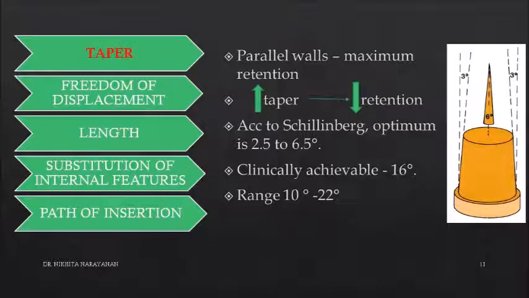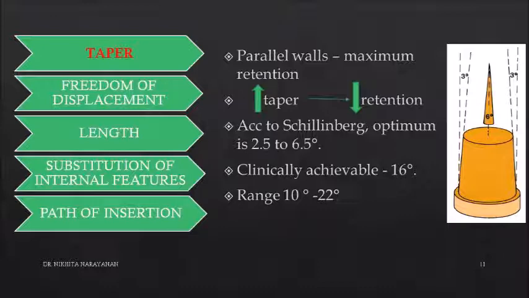For a preparation with parallel walls, that is if the axial walls are parallel to each other and to the long axis of the tooth, then the preparation taper will be 0 degree. That is when you get maximum retention for the preparation. As taper increases, the retention decreases. So we need to keep the taper as minimum as possible for all the preparation to get a decent amount of retention and resistance.